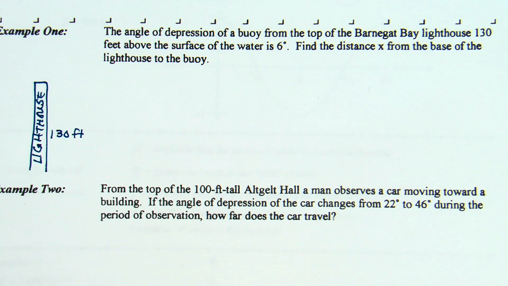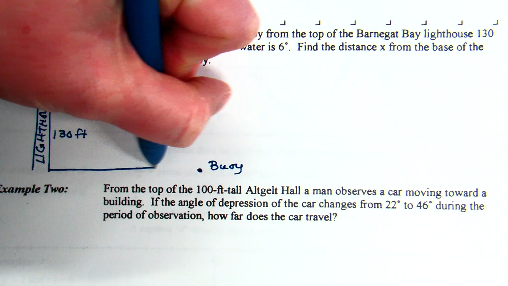A buoy bobbing in water, marking something. So my buoy, I'm going to put over here. I'm just using a little dot, but there's my buoy. The question we're being asked is to find the distance x from the base of the lighthouse to the buoy. So I'm trying to find that horizontal distance between the two.